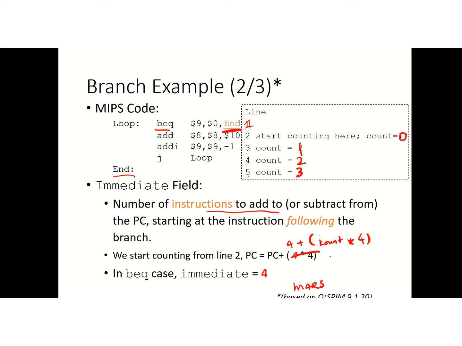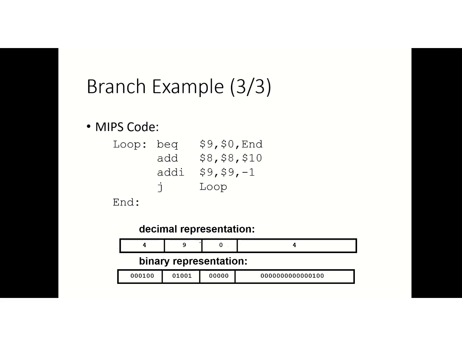So 3 times 4 is equal to 12. 12 plus 4 is 16. So the count here is the immediate. Your immediate will be 3.